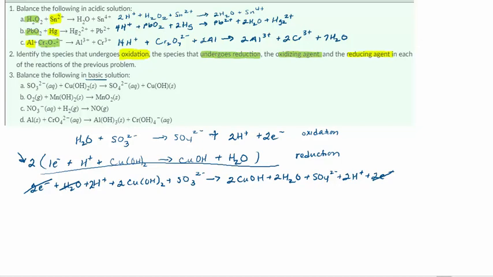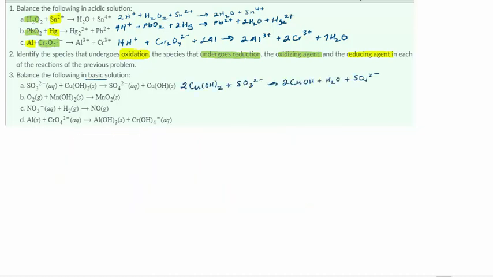That leaves me with 1 water left. And I can eliminate both of these hydrogen ions from both sides. So what I'm left with looks like this. We do not have any acidic components to this, so this is balanced in both basic and acidic. B, this is actually missing a water molecule here.